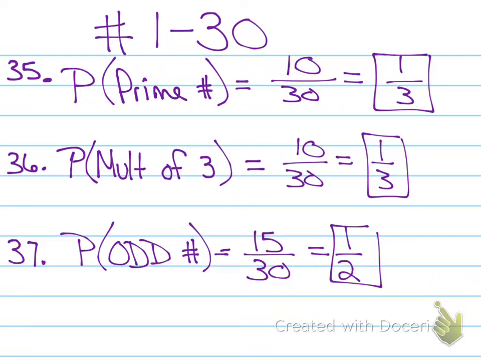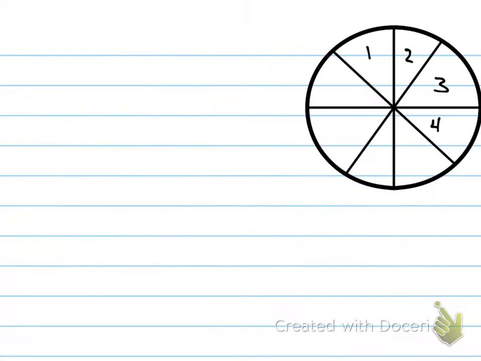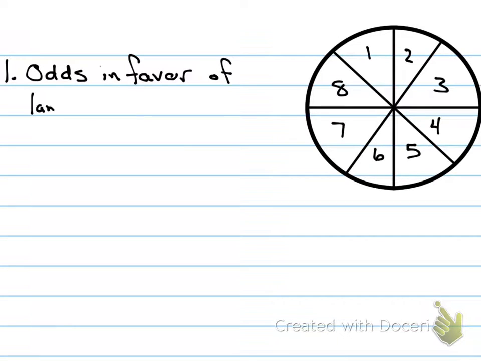All right, so now back to what I was saying, odds in favor and odds against. This is probably the tougher part of your test tomorrow, and you saw this on the quiz too. Here's my spinner, and it says, what are the odds in favor of landing on a 5? Remember, what is my ratio? Favorable over unfavorable.